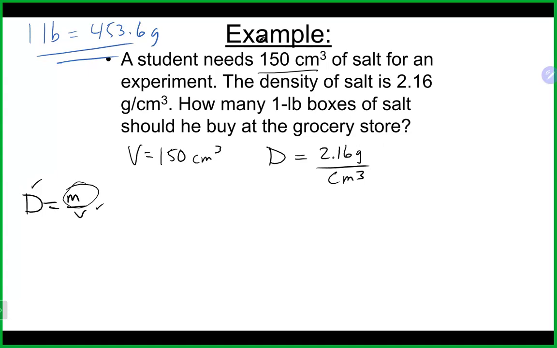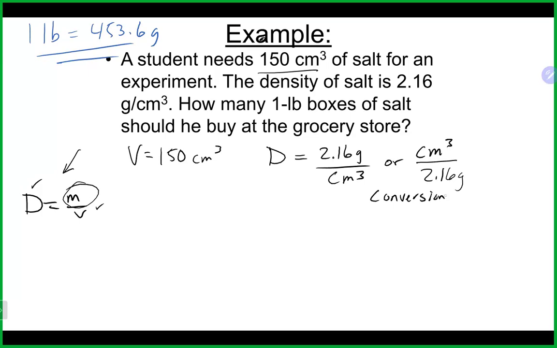Now, you could do this one of two ways. You obviously could plug and chug. You could rearrange the density equation. But as I was talking about earlier, dimensional analysis is really helpful, because you might not even have to play with this equation and worry about messing up rearranging. Because we have the density, we could actually use the density as a conversion factor because frankly, it's a fraction. So we could flip it around and use it in either direction as a conversion factor.